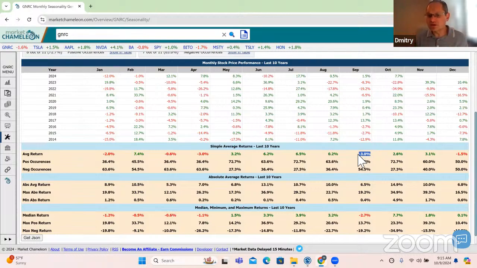We need something to say, yes, in the month of April it looks like there's a seasonality impact. What could be causing that? I've got to go research that to make sense of that seasonality.